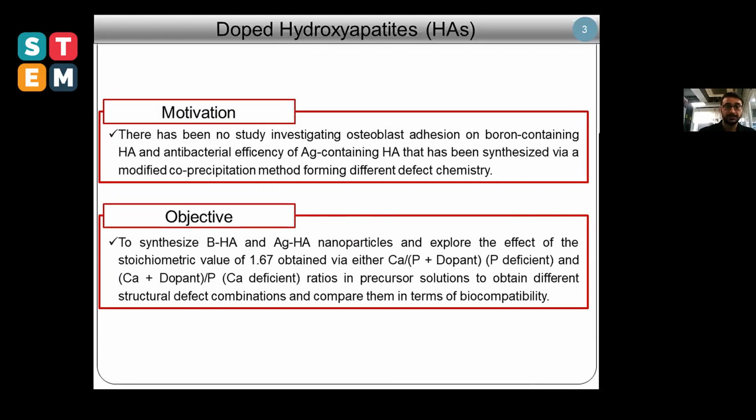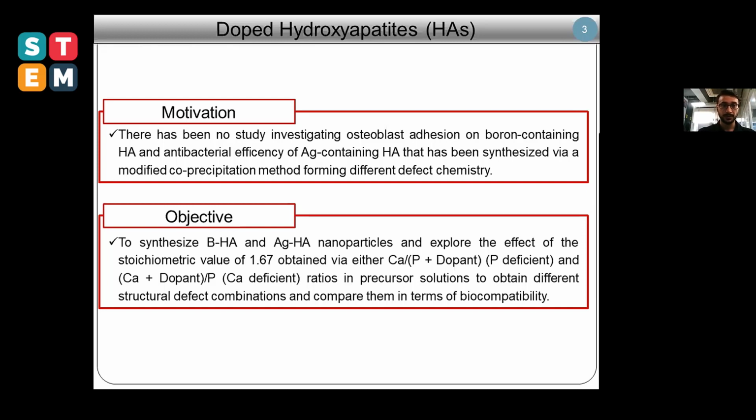With this background, we were motivated by the idea of enhancing osteoblast adhesion with boron incorporation, and improving antibacterial property with silver-containing hydroxyapatite. This has been studied before, but for the first time we tried defect chemistry for the hydroxyapatite structure.